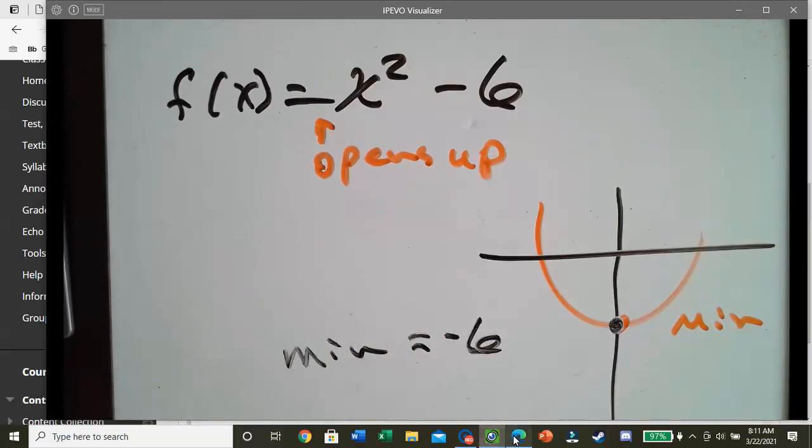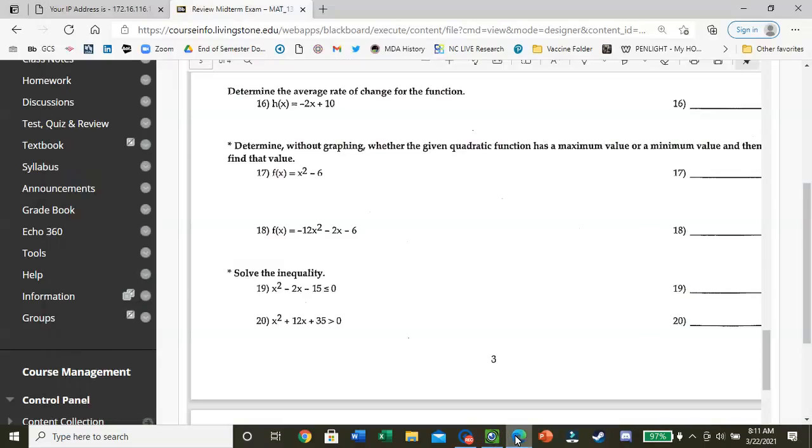Okay? And I believe that's all they asked for, just the minimum. Determine without graphing whether the quadratic function has a maximum or minimum, then find that value. So I don't believe they're asking for the location, just what it is, just the minimum. Yeah, they just need the minimum.